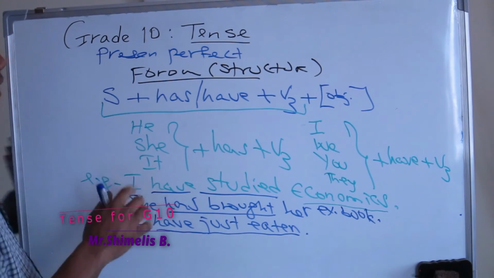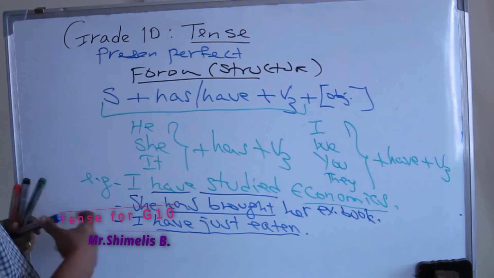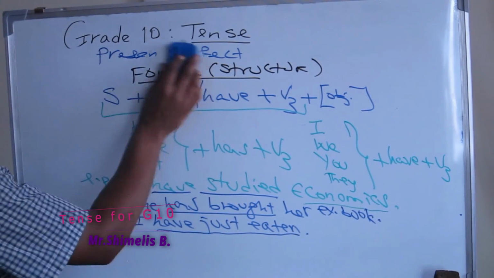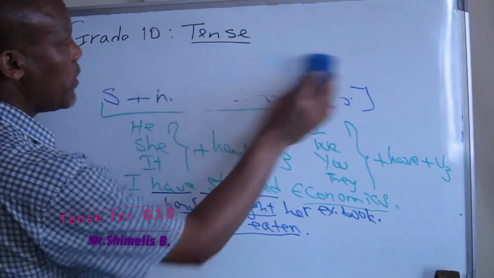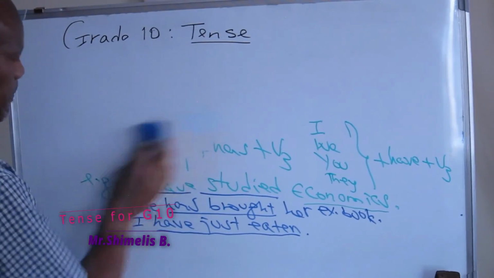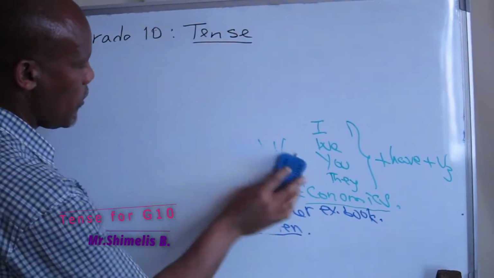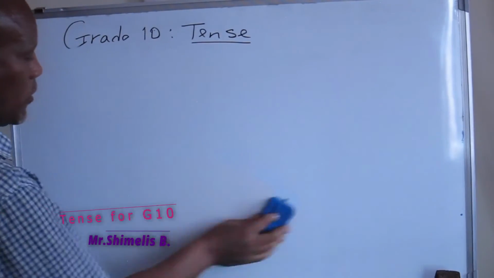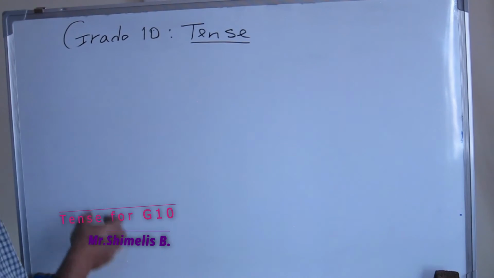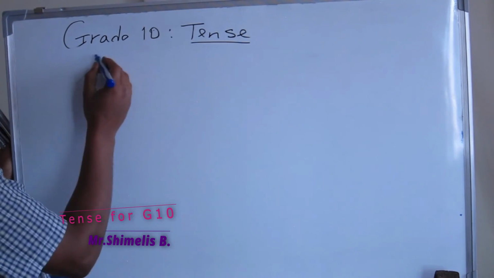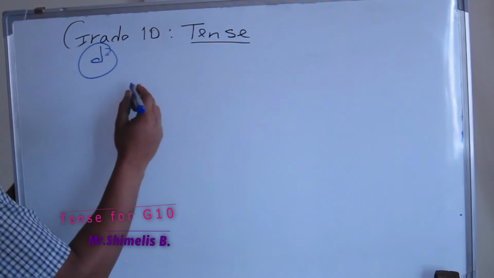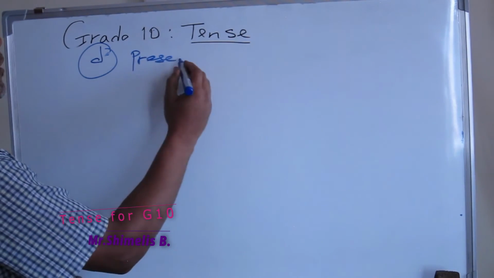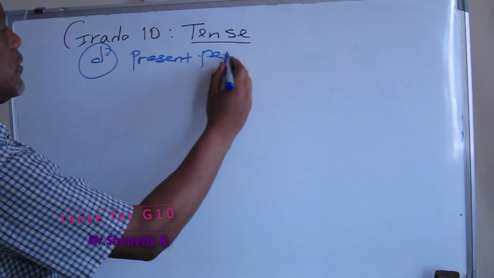So with this, we wind up our discussion of present perfect and move to the next subtense type, which is present perfect continuous tense. The last subtense under present tense, which is our last discussion, is present perfect continuous tense.